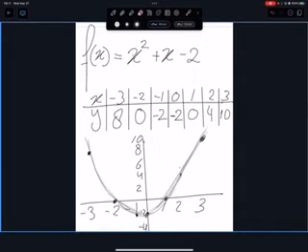Oh, I made a mistake. I'm so confused because a negative 3. This is 4. Why is it 4? 3 minus 3 is 4 here.